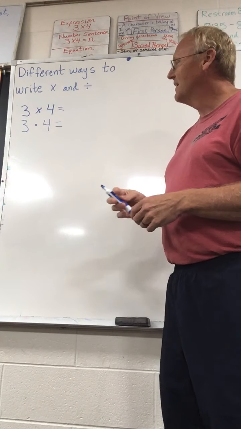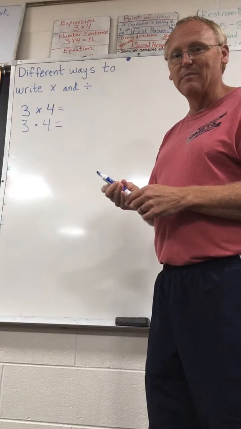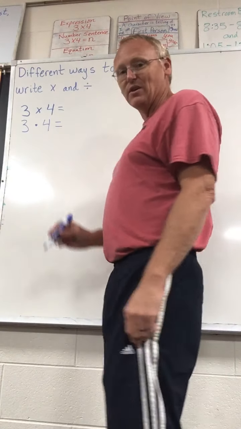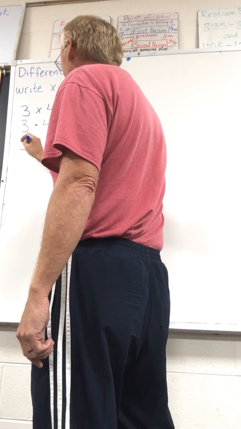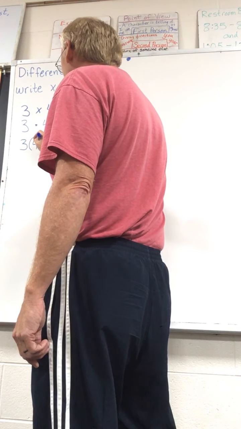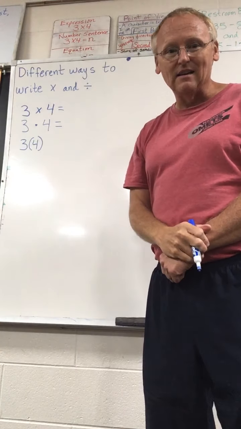Now here's another way, and this is actually going to be on your test, so really pay close attention to this and always try to remember it. You could also do this: 3, and then in brackets, 4. Now there's no sign.